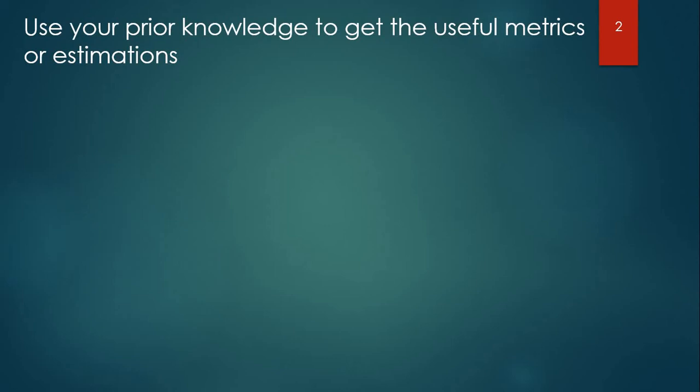So after breaking your problem, you should think about what metrics you can use to solve the problem. This is nothing but finding the answers to your prior questions. The first being how the market penetration looks like.